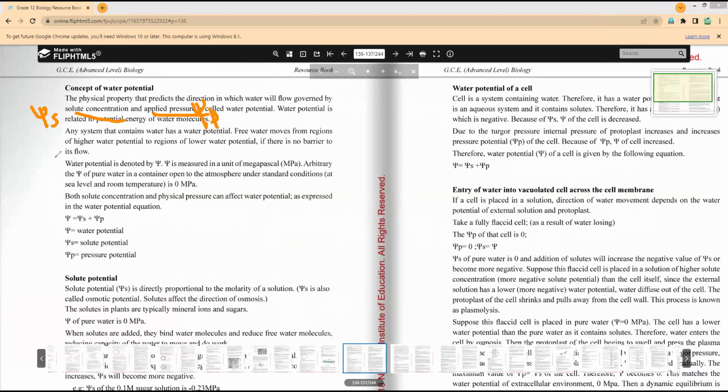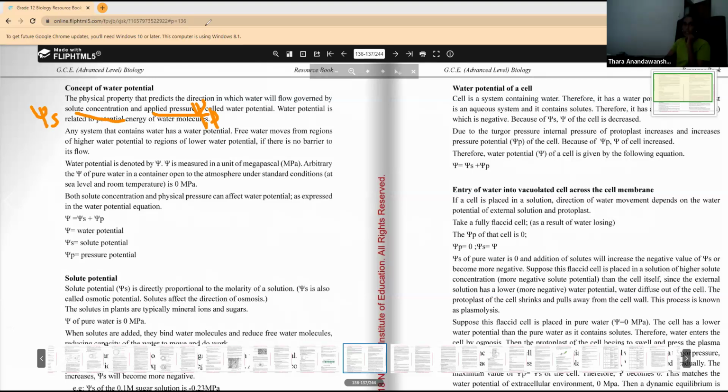Yes teacher. All right. Let's try the topic, concept of water potential. How to write the definition here?